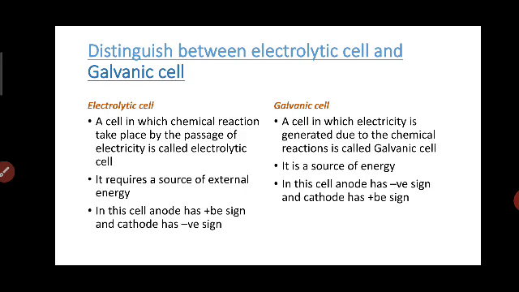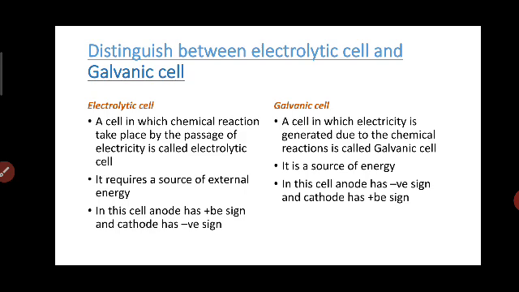Once again, listen here. In this session the very important question is: write any four, or some more, but you have to remember at least four differences between the electrolytic cell and galvanic cell.